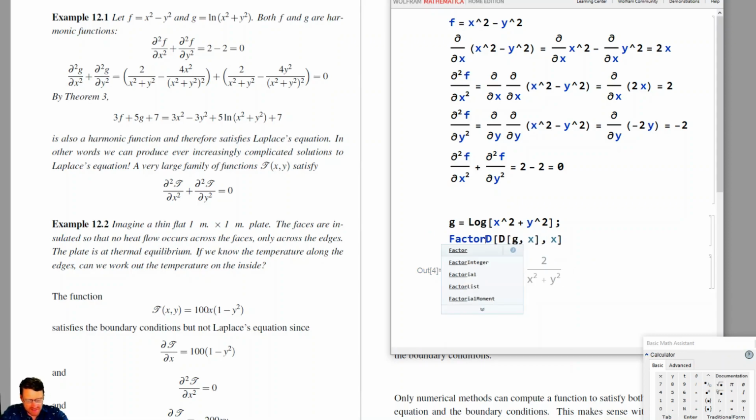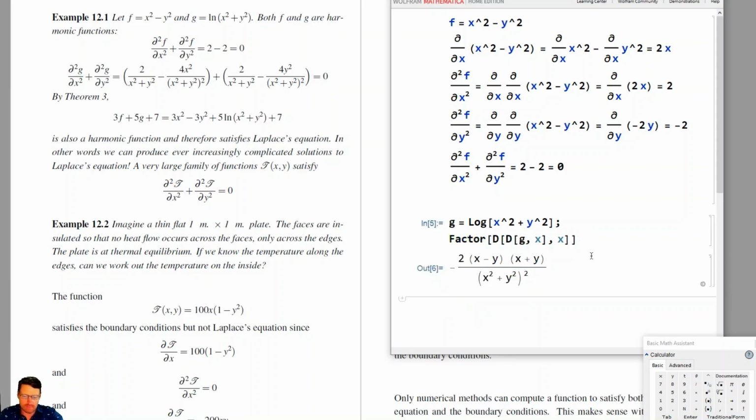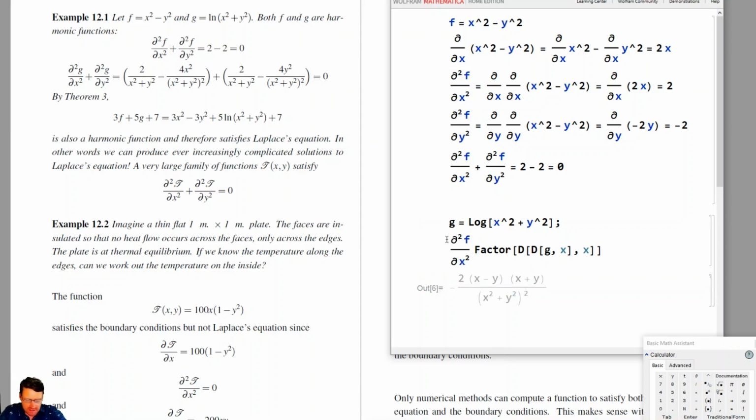So I'll just say factor. Okay, so this is what we have when we factorize that. So this is this one here. I'll just put this in as a comment. But it's the second partial derivative of g with respect to x squared.